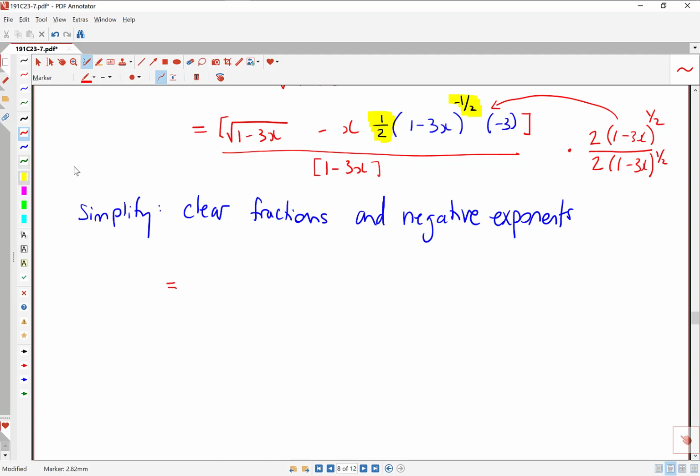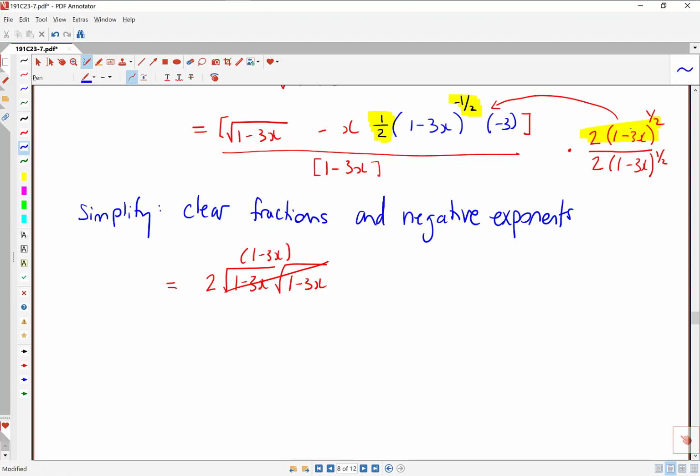We're going to take this 2 times 1 minus 3x to the half and just multiply it through. So that's going to give us 2 times the root 1 minus 3x times another root 1 minus 3x. So we could just call that whole thing 2 times 1 minus 3x for our first term. And then let's think about what's going to happen for the second term.